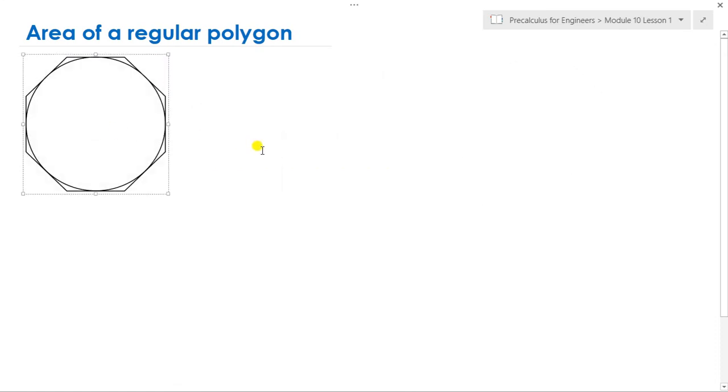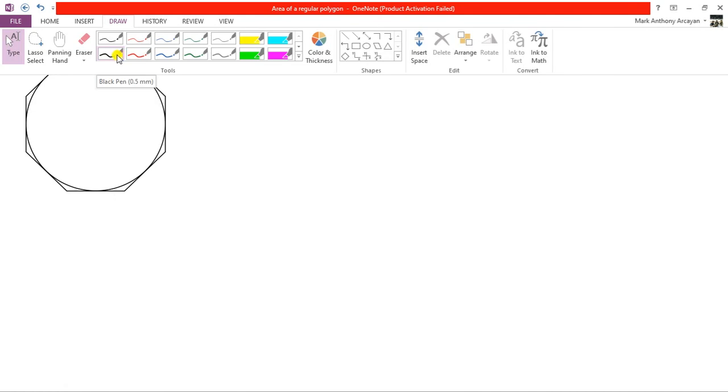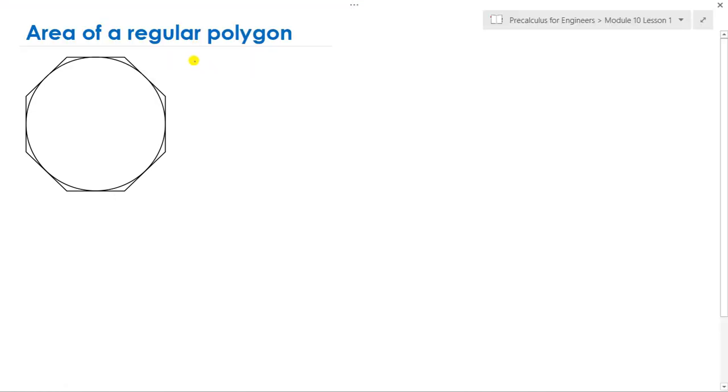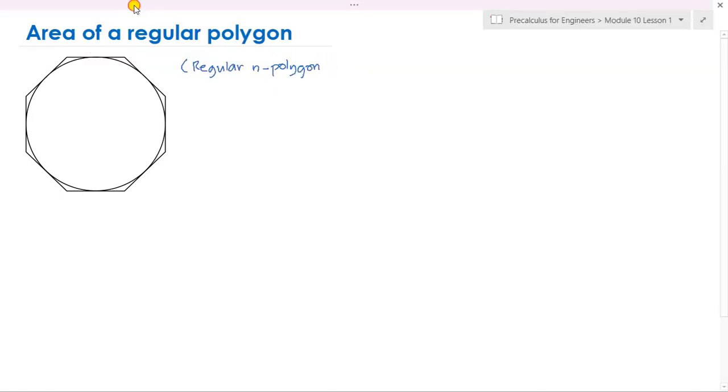Kani siya, area of a regular polygon na pod, but this time siya na po'y circumscribe sa circle. Ganiha siya nasa sulod sa circle, karon ang circle na pod naa sulod niya. So this is a regular n polygon circumscribing a circle.